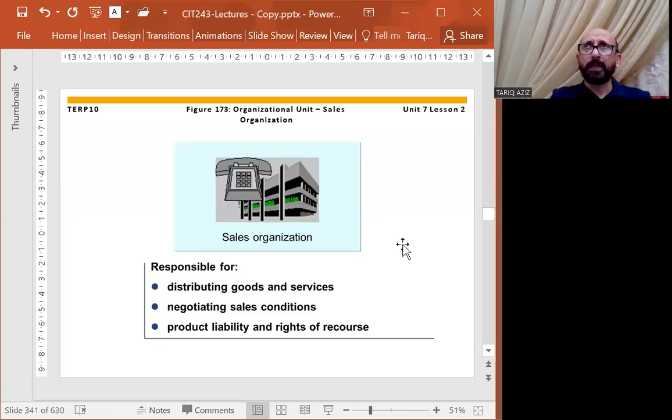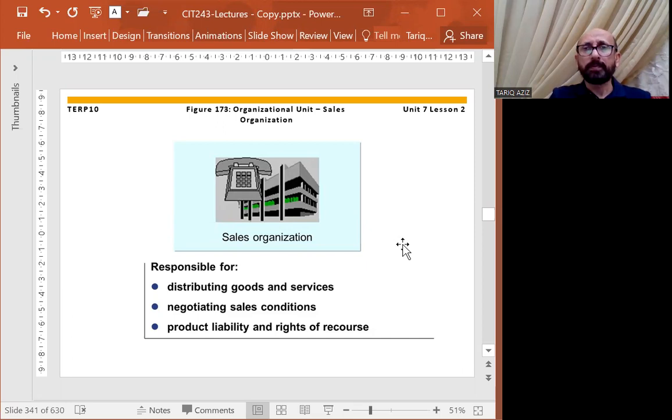Now, if you think we have a big company that has two sales offices, one in Lahore, one in Karachi. So in this example, we might be having one in Miami, one in Dallas, and another one in San Diego.